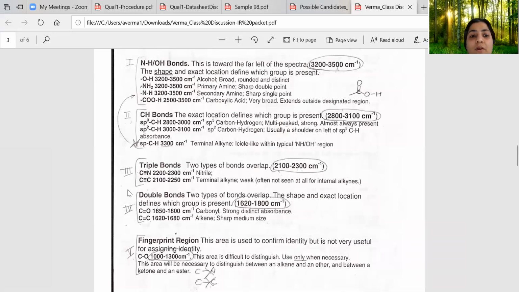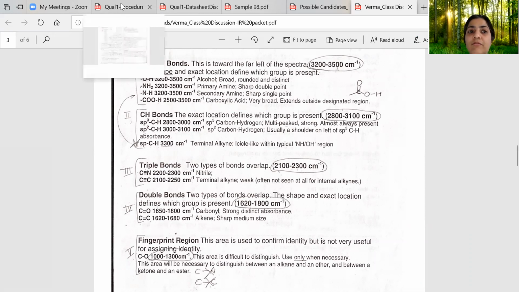If you have forgotten your infrared ranges and peak types, I would strongly suggest that you look at your IR packet and know for your course what ranges you need to know, and what peak types and shapes you need to know.